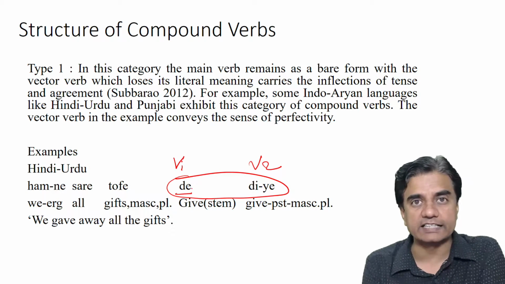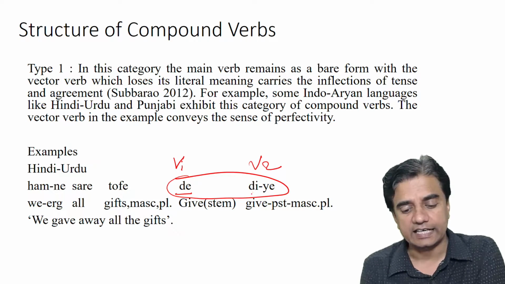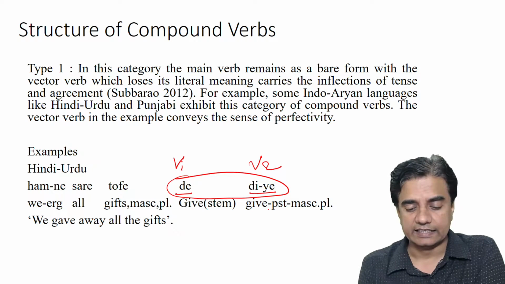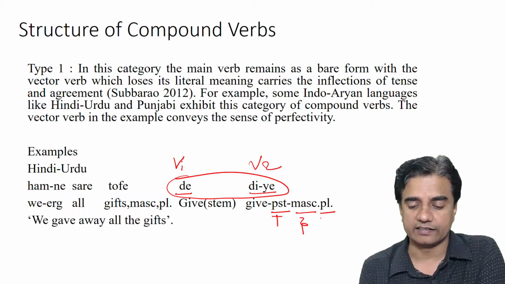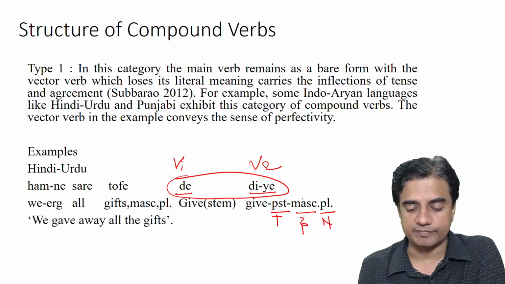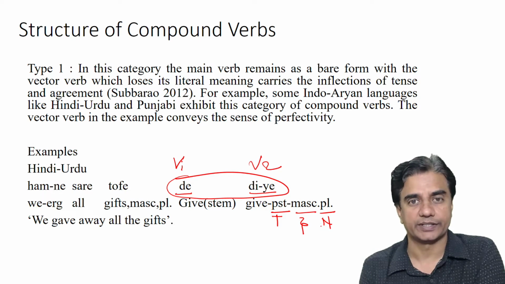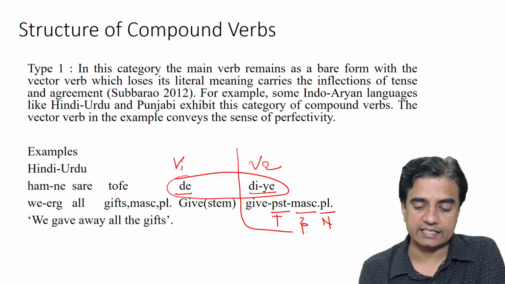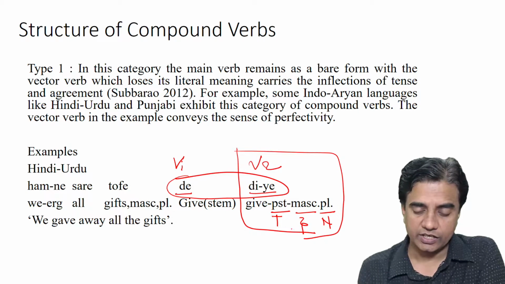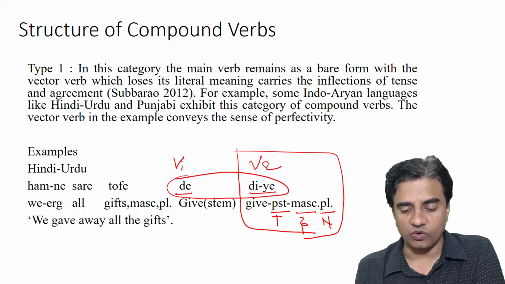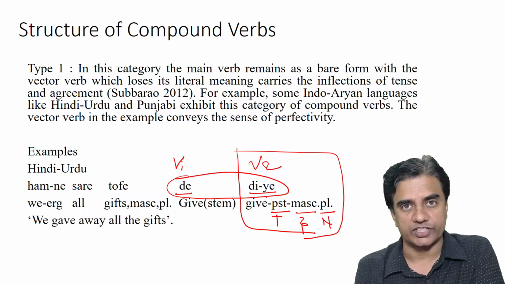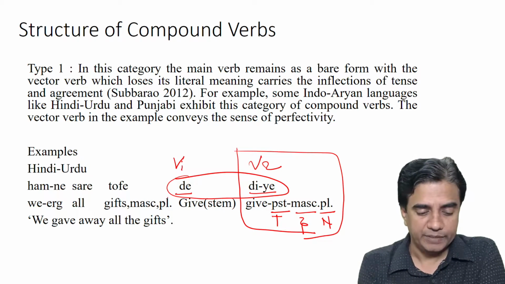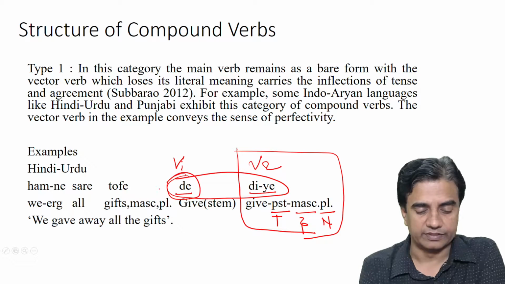V1 remains non-inflected, and the other, dena, diye, takes tense, gender and number: past tense, masculine gender and plural number. So when you look at this, you see it is V2 which is taking all the syntactic elements in and making it a complex morphological unit, and the meaning comes from the verb dena.